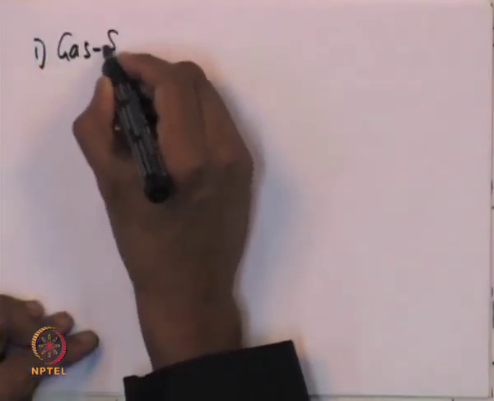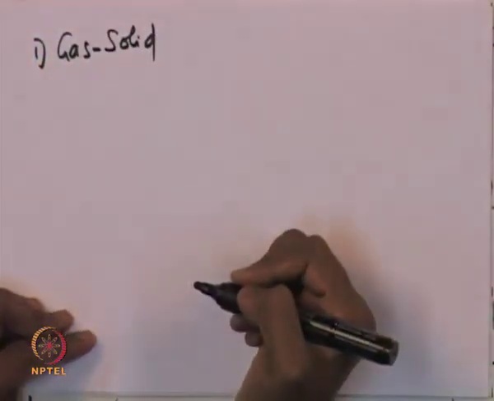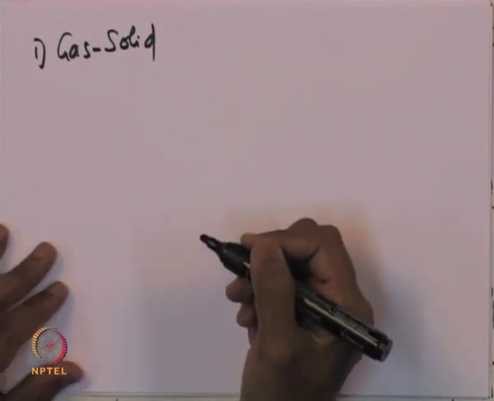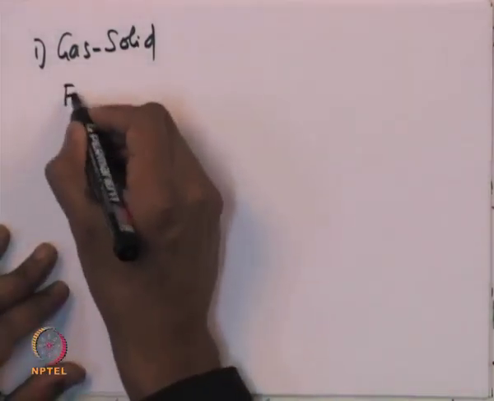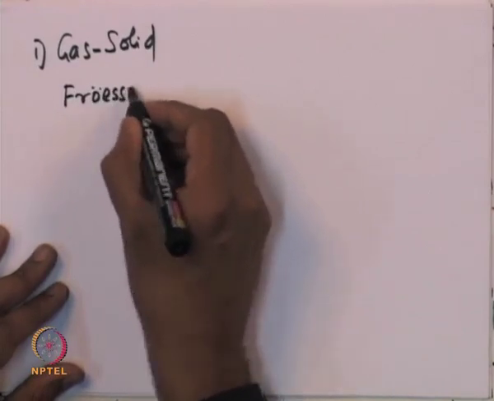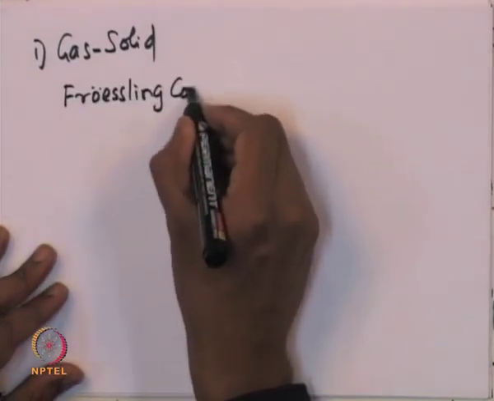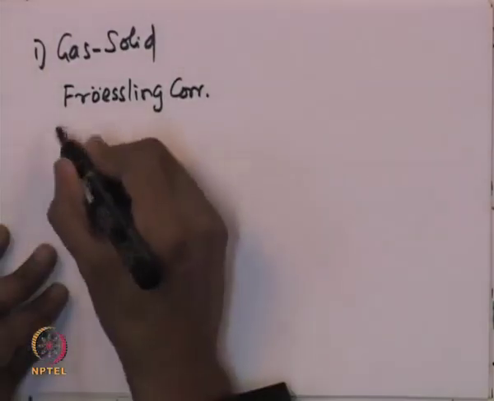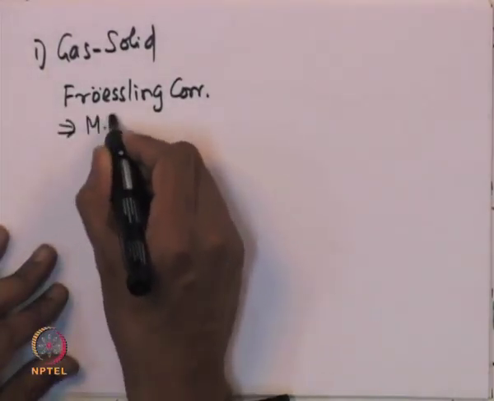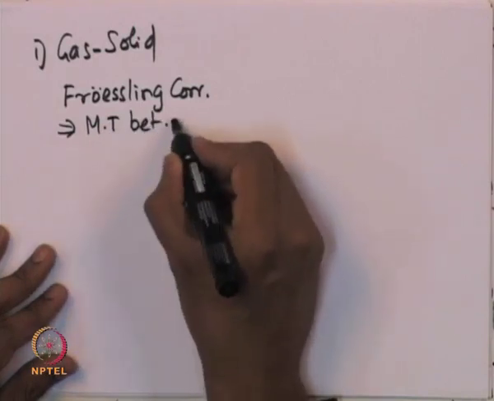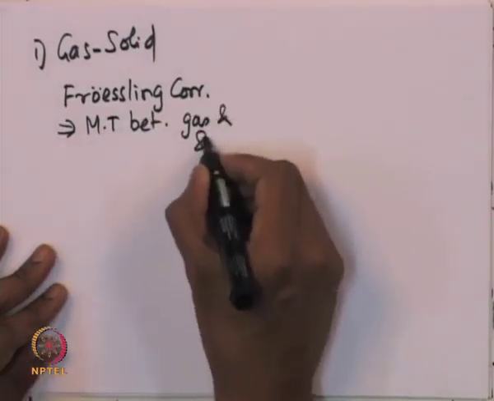So, let us look at how to find the gas-solid mass transport coefficient first, and then we will look at the other mode of transport. Between gas and single particles there is a correlation called the Frössling correlation, which characterizes the mass transport between gas and a single particle.